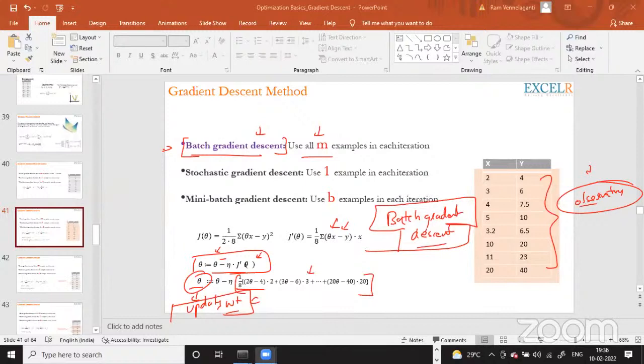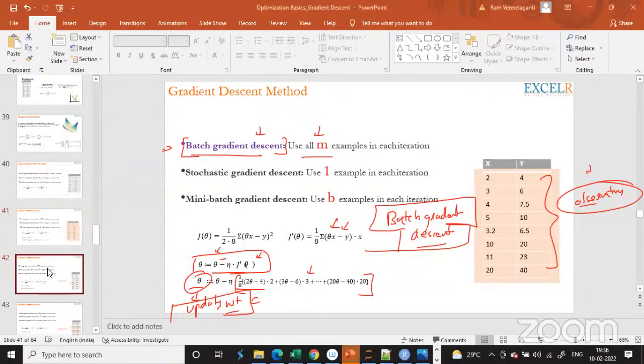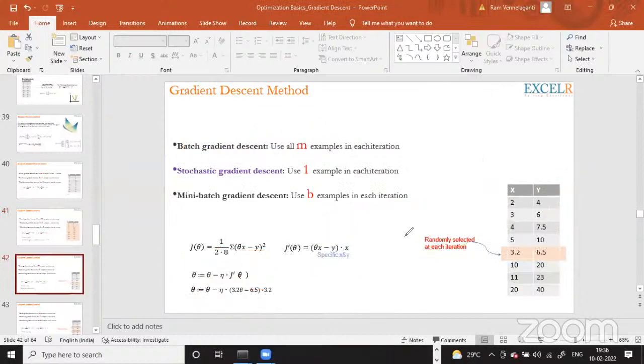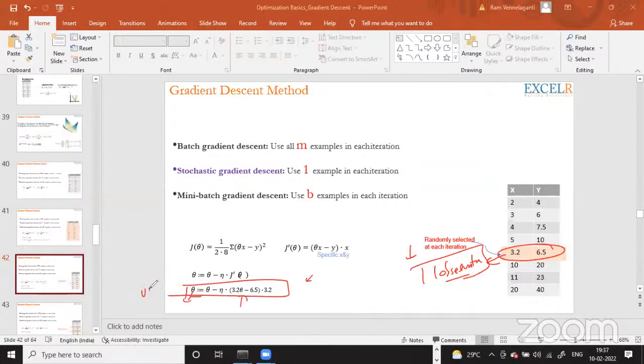What about stochastic gradient descent? What is it you are going to do? You are only going to consider one observation, and then you are going to update your weights. This is called stochastic gradient descent.